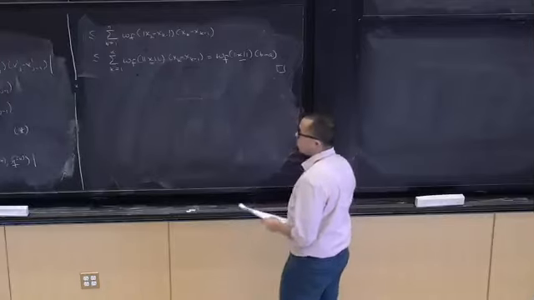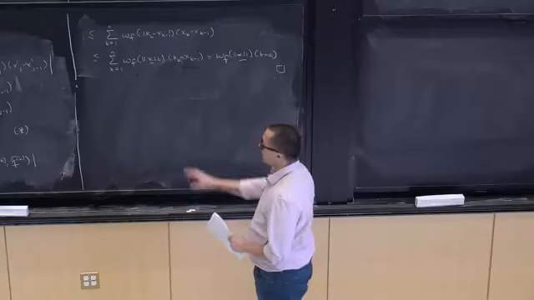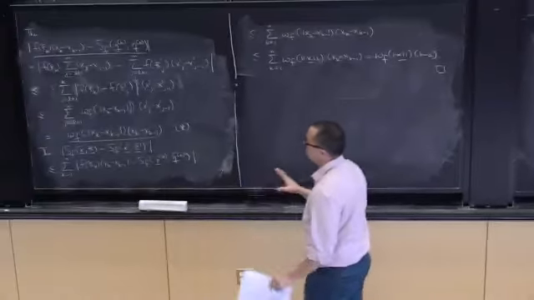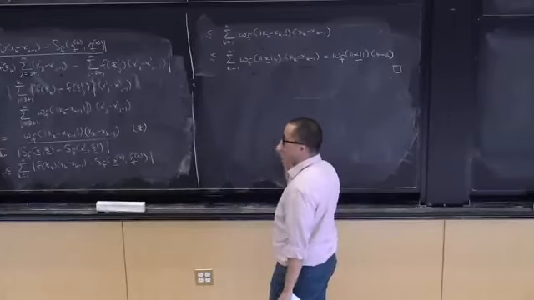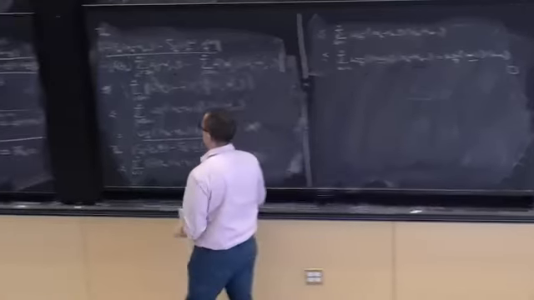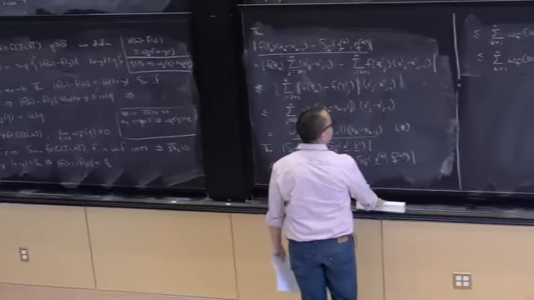Okay, so now I'm going to do something that's sacrilegious as far as board work goes. I'm going to erase this board and prove the next theorem on it, because I want to keep what I prove, or at least a statement of what I prove, around for when we finally tackle the proof of the existence of the Riemann integral.